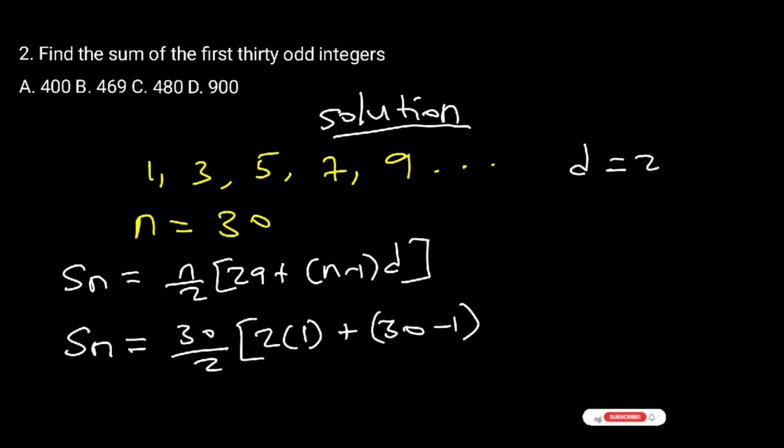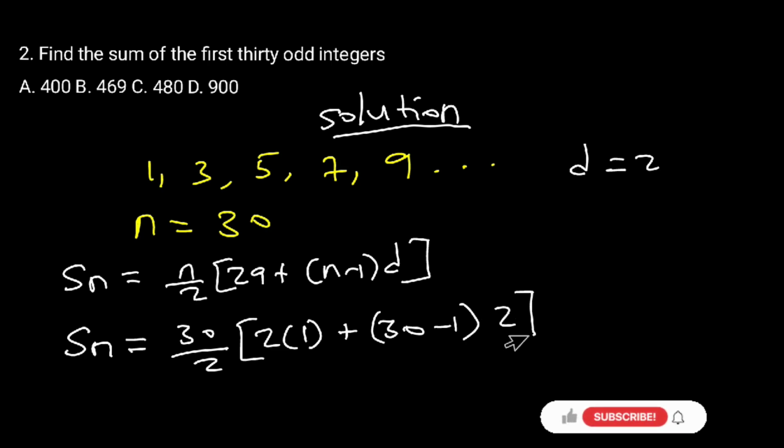So we have 2. Now the sum of these terms is equal to 30 divided by 2, which is 15, multiplied by 2 times 1, which is 2, plus 30 minus 1, which is 29, multiplied by 2.